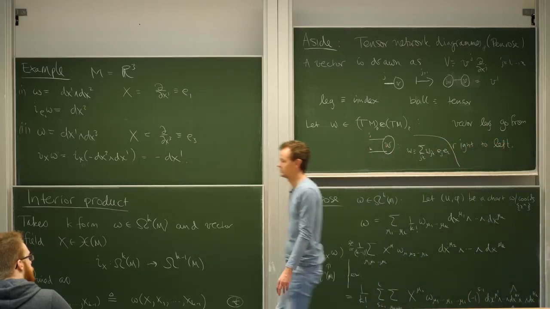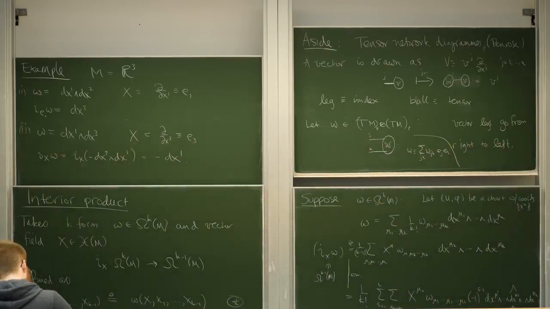Now we also have a diagrammatic representation of one forms and two forms, and in general any element of a dual vector space.